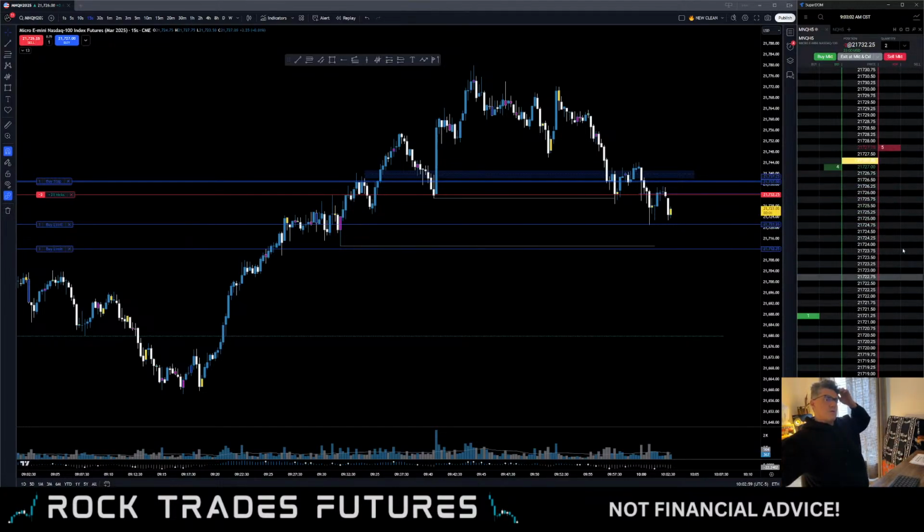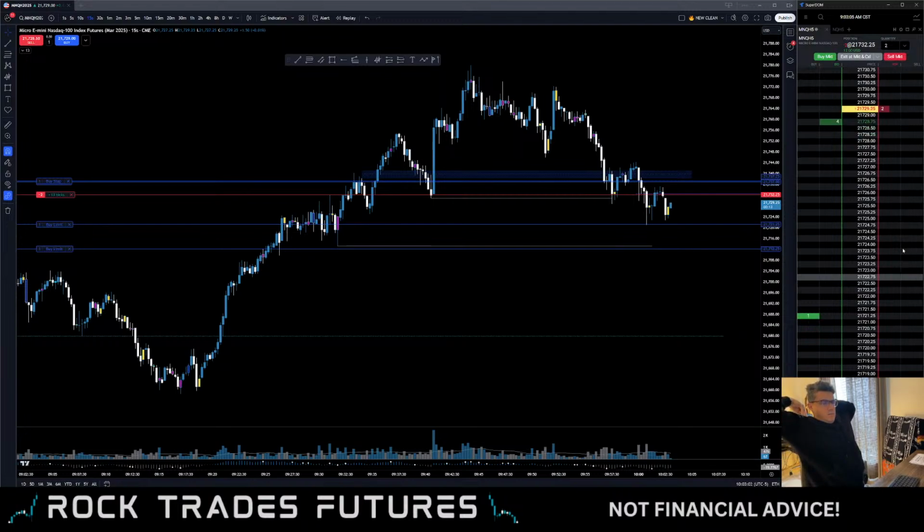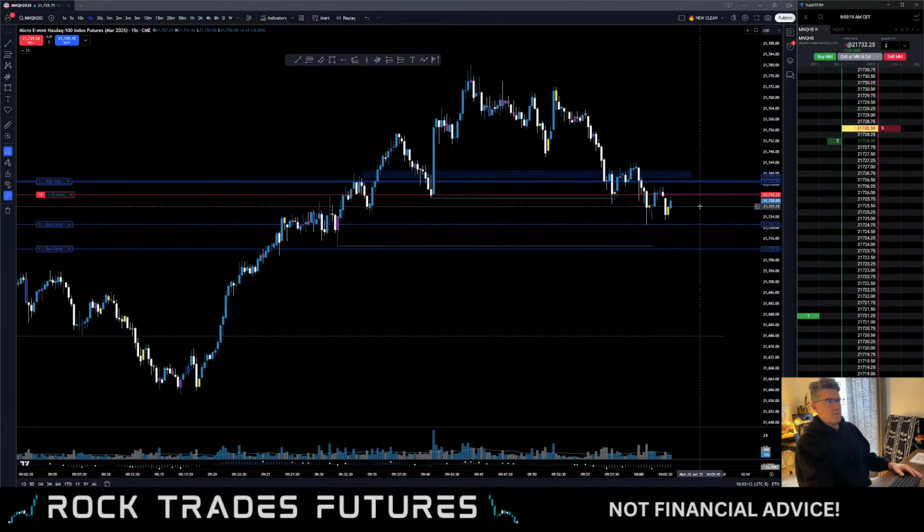See what price wants to do. There's really no telling here. That looks like a cliffhanger short. But again, we don't know where the market wants to go. I'm really just trying to see how these multiple bracket orders work together.